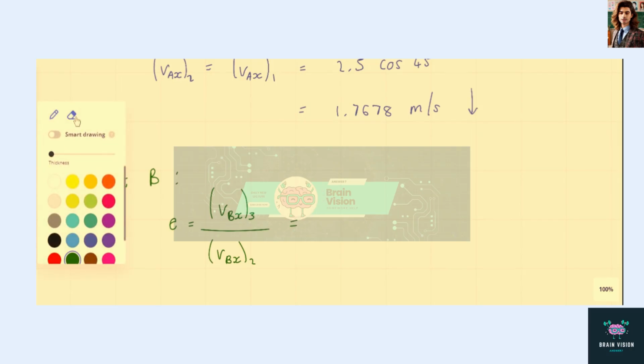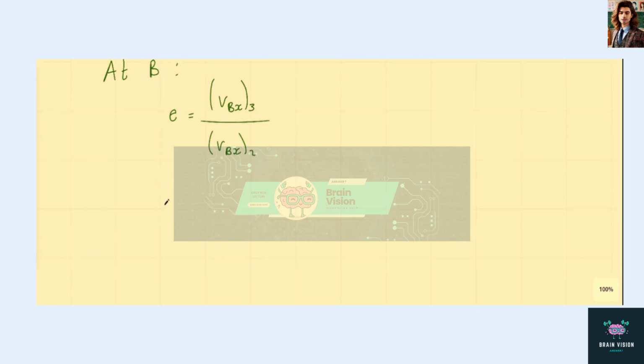And so again, we know this coefficient of restitution is 0.6. 0.6 is equal to VBX3, the X component of the final velocity of the billiard ball, over 1.7678.